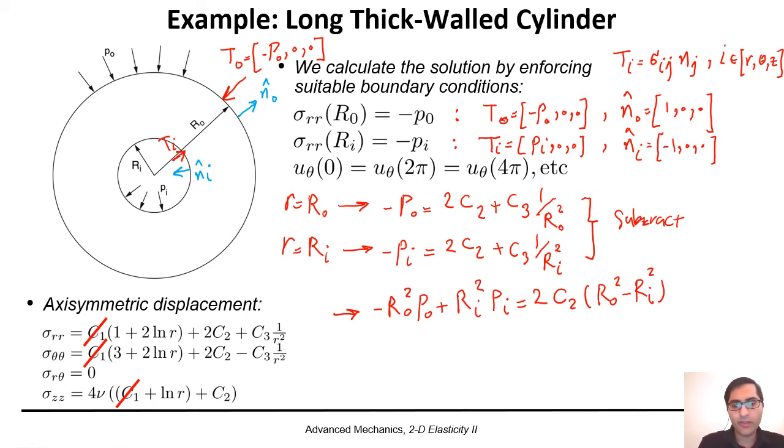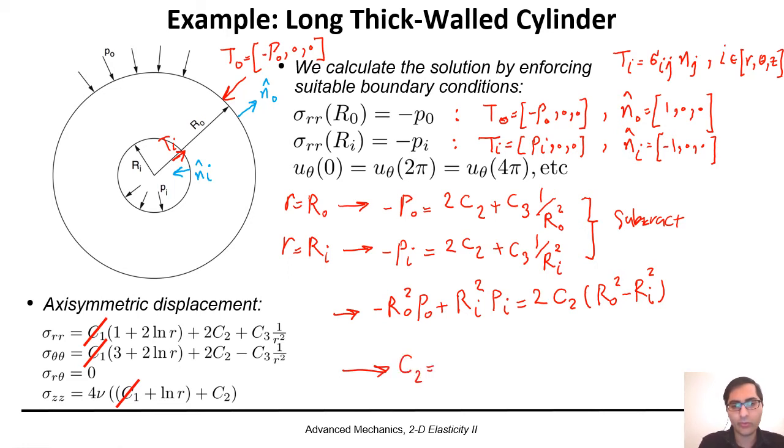So from here, we're going to find that C2 is equal to PI RI square. Okay, let me write it better.